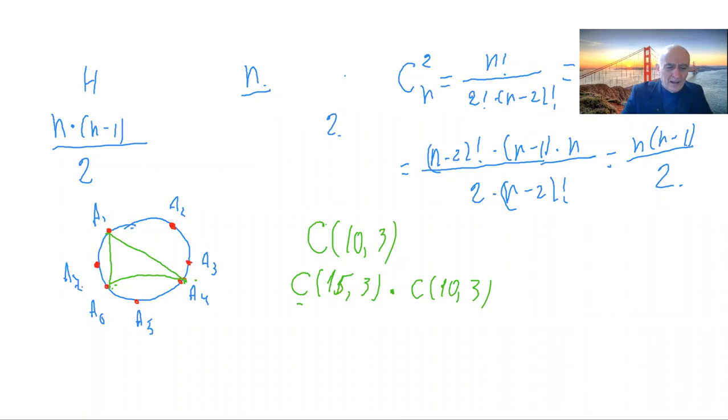Okay. Now look at number 11. This is about bit strings. How many bit strings of length 10 contain exactly 4 ones?